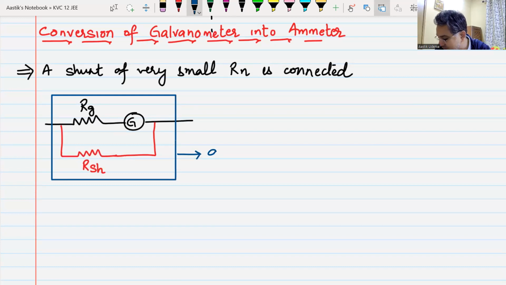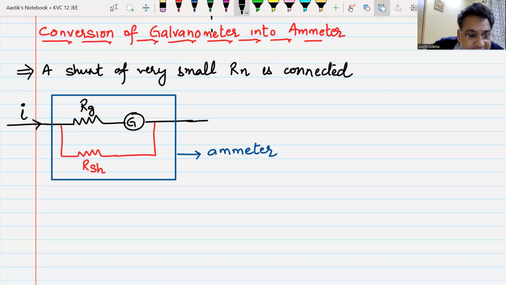Do we understand this? This entire arrangement becomes an ammeter whose range is I. You can call it capital I. Do we understand this? Yes, sir.